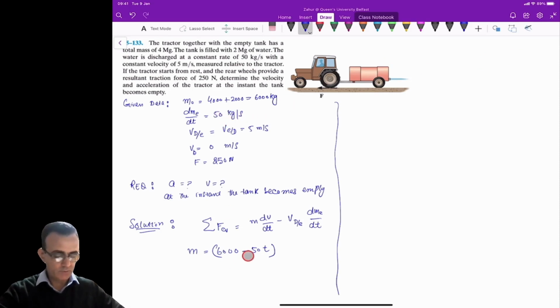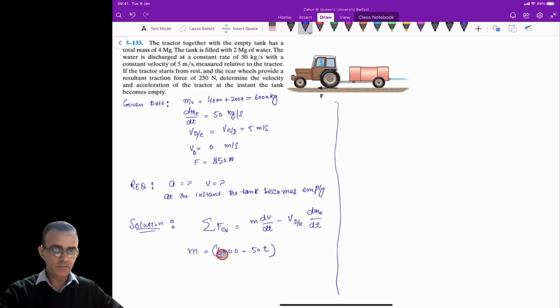So if you multiply 50 with time, you will get the mass of the water ejected from the tank at any time. So you need to subtract this from 6,000 to get the mass.